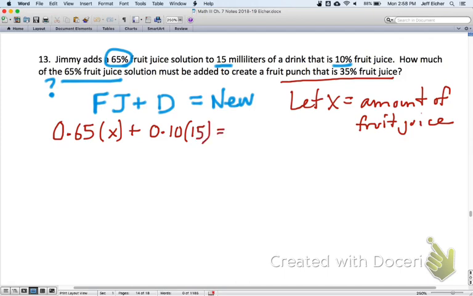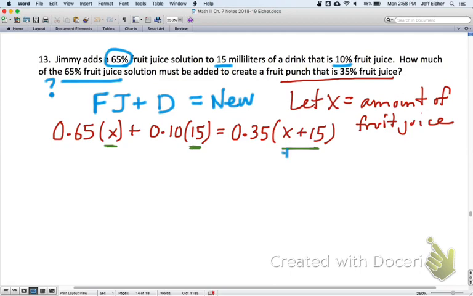Not a lot. And you want that to equal some new amount. That new amount would be 35% times the total that you've just added together. So notice we take x milliliters plus 15 milliliters, and that would give us the total milliliters. So you'd have x plus 15.